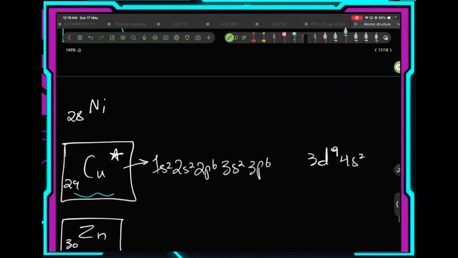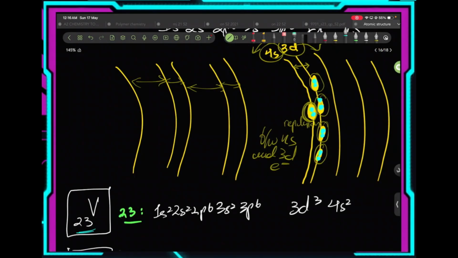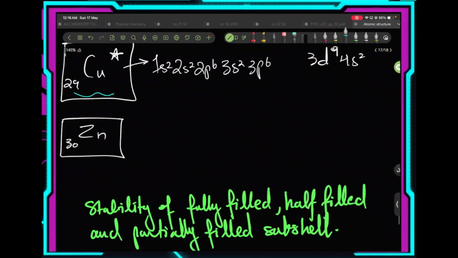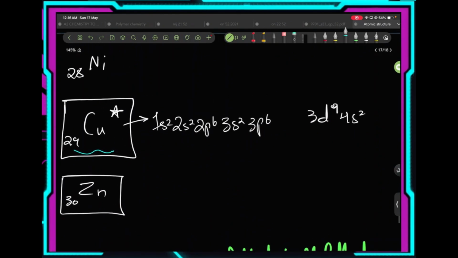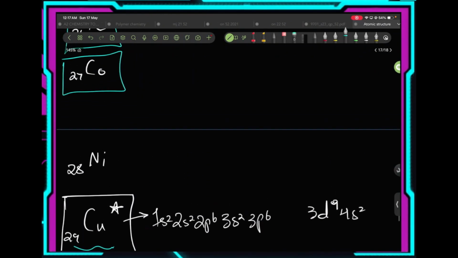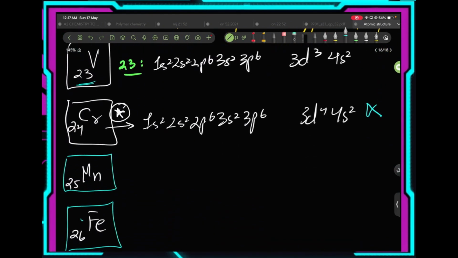So now in copper and chromium, and no other cases, by the way, only these two cases are special cases that you have to memorize. In chromium, you see that the 3d orbital has how many electrons?